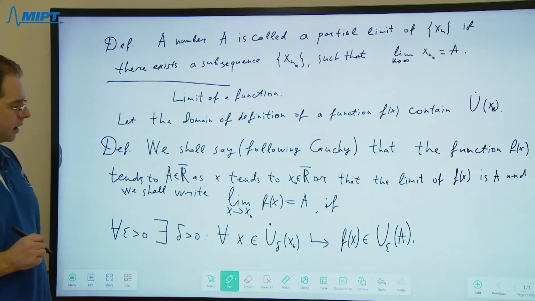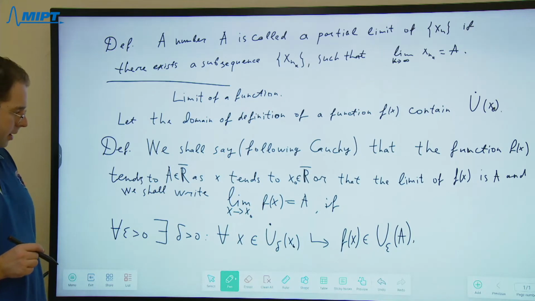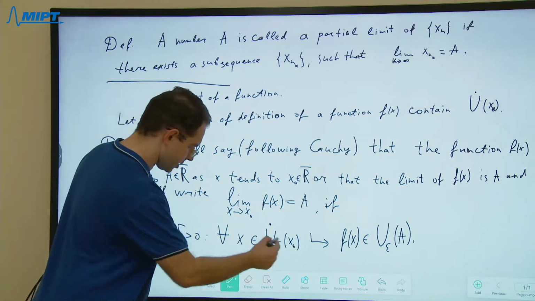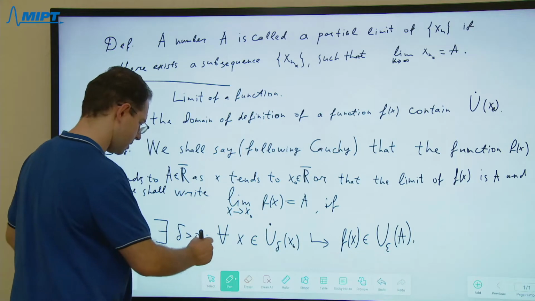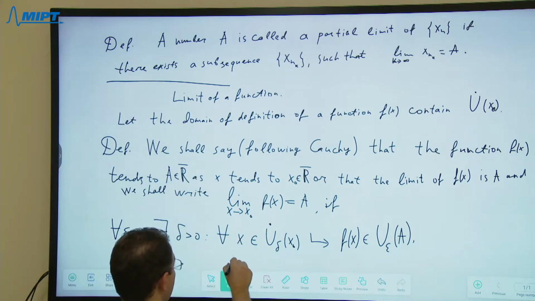If x0 is a finite number, then this expression we could write as the absolute value of x minus x0 is less than delta but greater than 0.